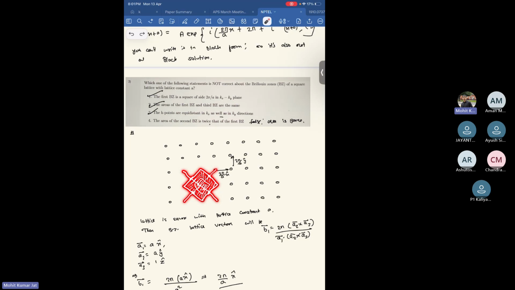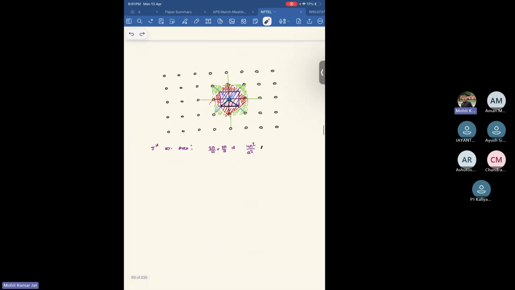You can think of it like that, and that's why all the Brillouin zones have the same area. That's why option 4 is incorrect. And since the question asked for the not correct one, option 4 is the correct option for this question. This is how you can think of it. The first Brillouin zone is shown in purple, the second in red, the third in green.